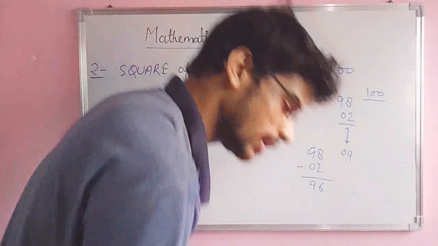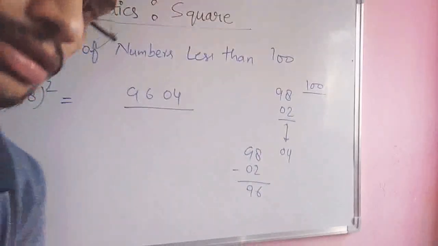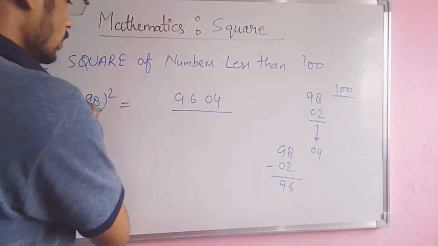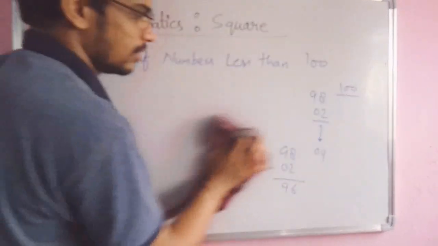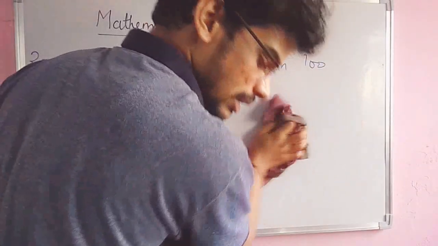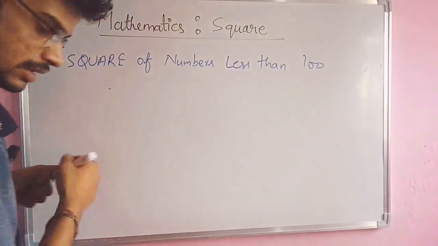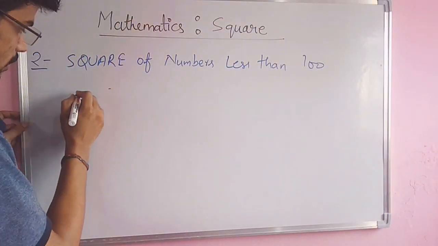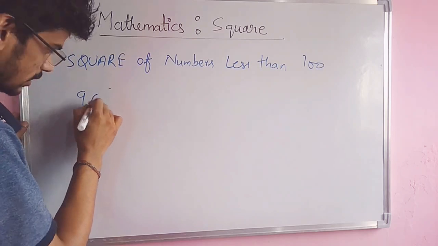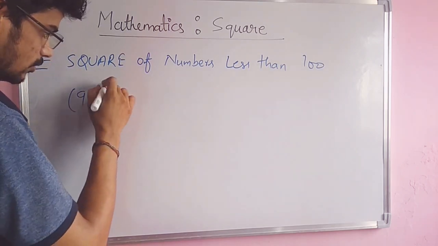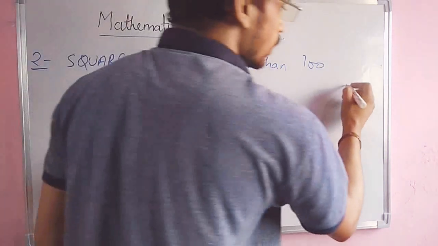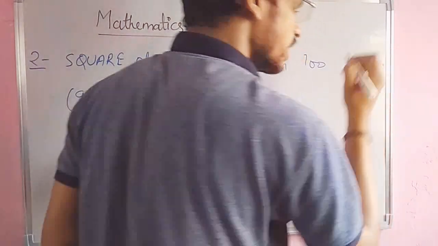If we want to calculate the square of 96, first of all, the golden number is here also 100.